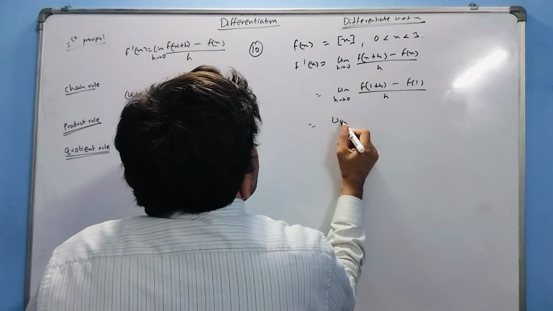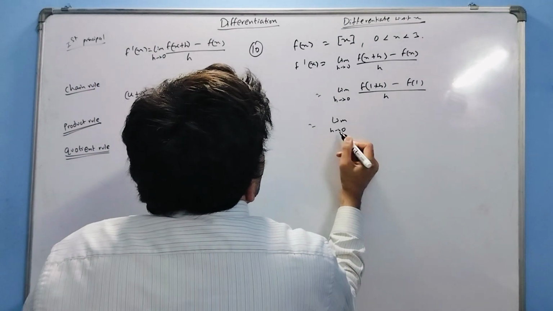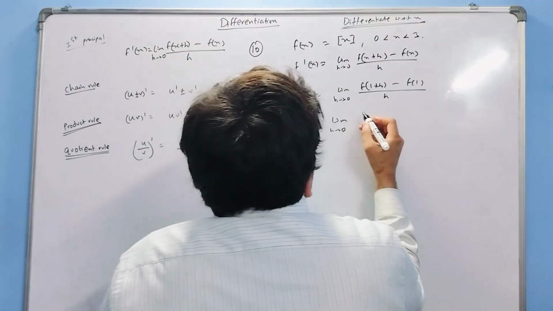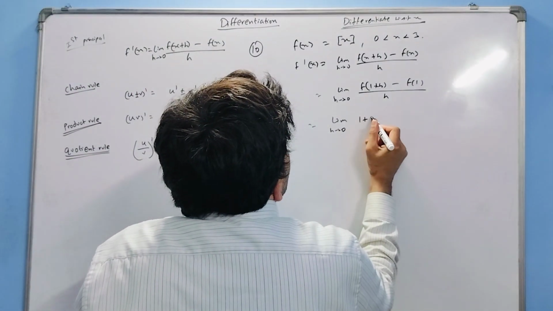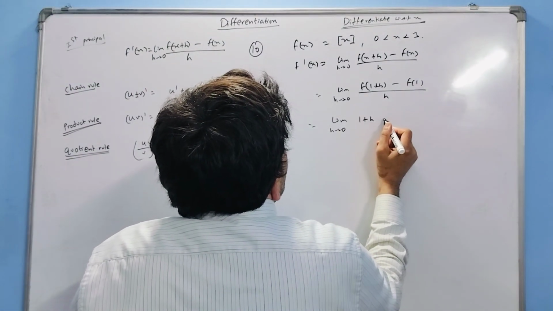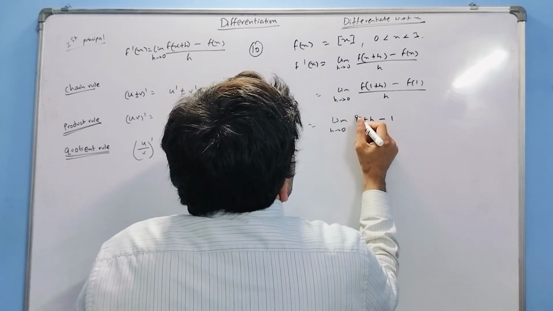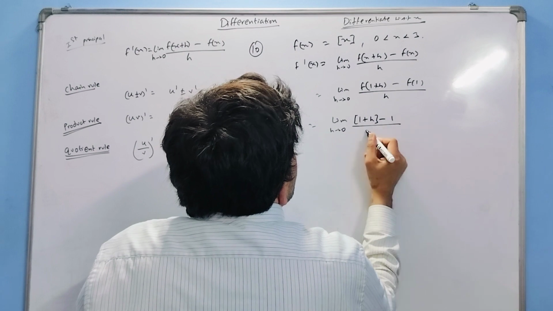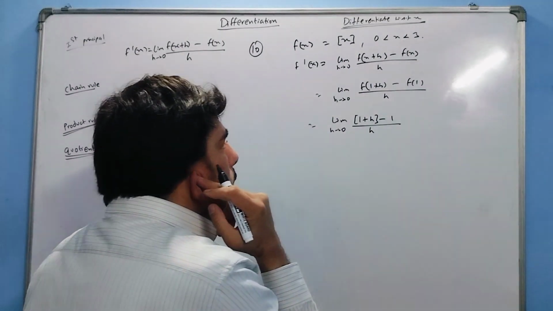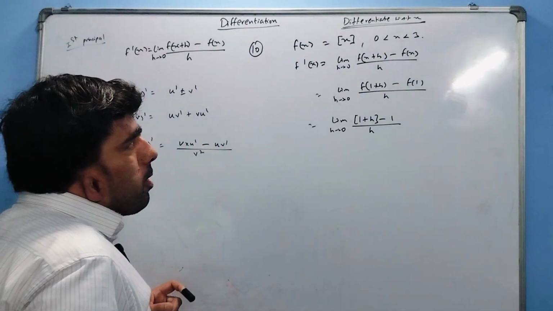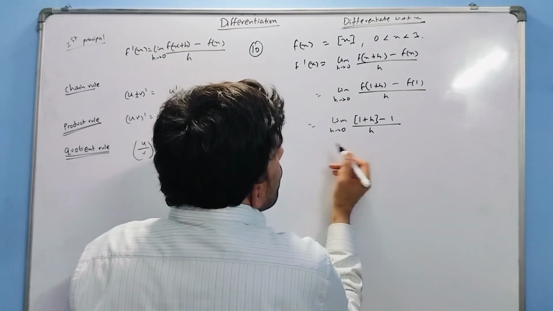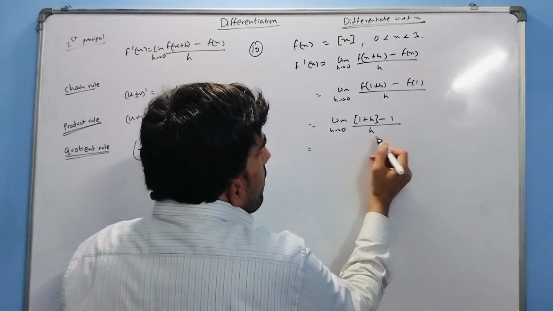So we have limit h tends to 0 of [1 plus h] minus [1] upon h. Now, 1 plus h is more than 1, so we can consider it as 1. So 1 minus 1 will be 0.